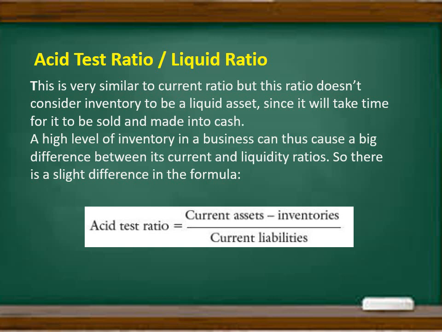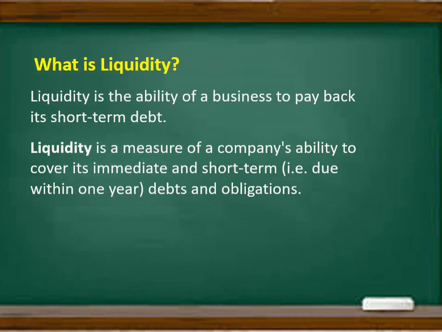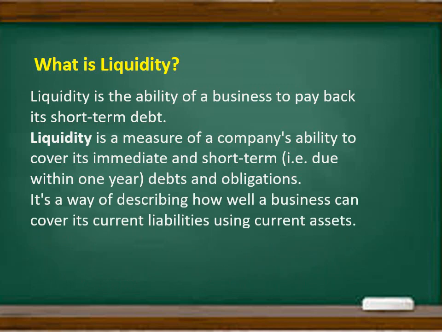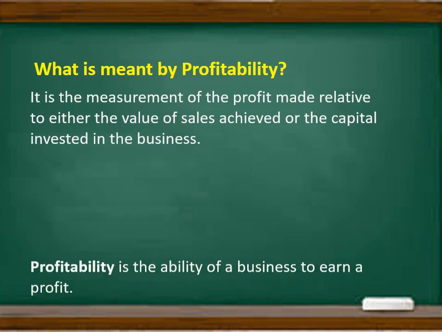And this tells you that if you're keeping a high level of inventories, you're actually using your cash unnecessarily. So these ratios have different applications. So here you get to see what liquidity is and why it is important for a business to maintain a good capacity to pay their short-term debts.